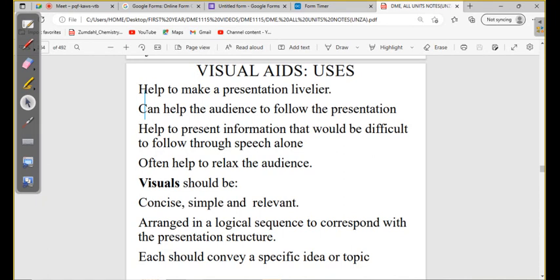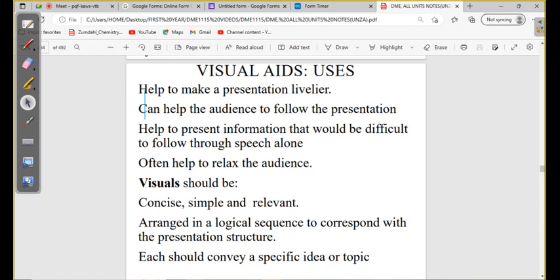Also make sure that each point conveys a specific idea. As you are presenting, if you are using points on a flip chart or in a projector, they should flow in a logical order, and each point should carry a set idea.